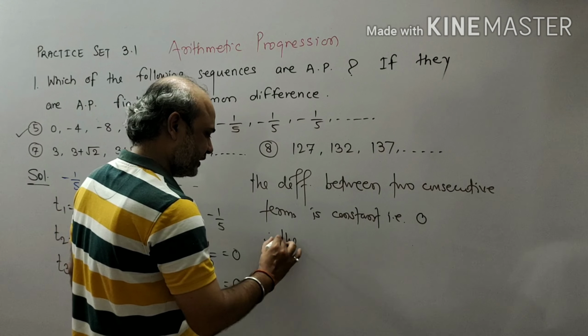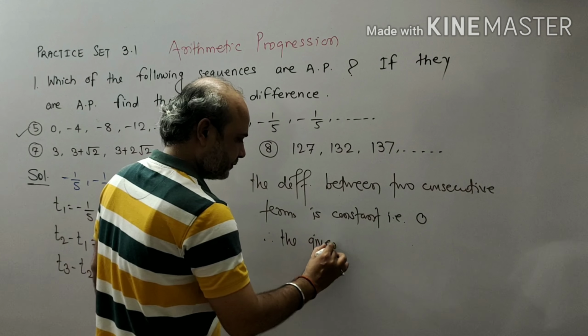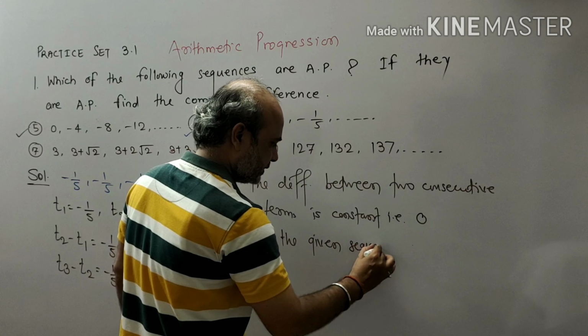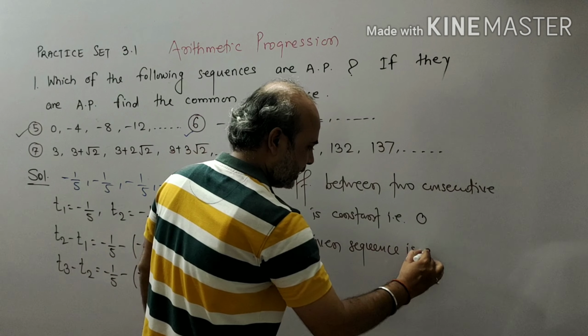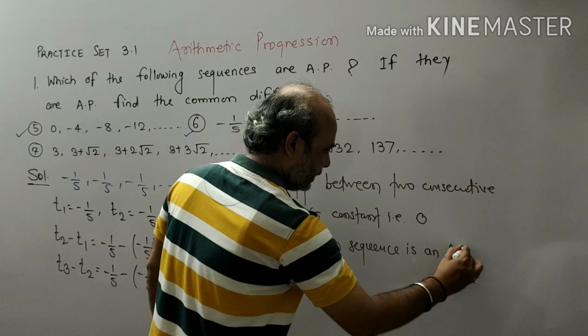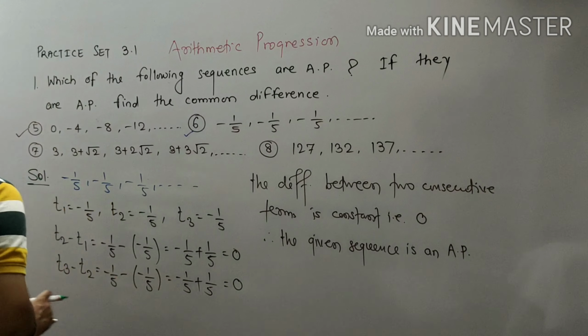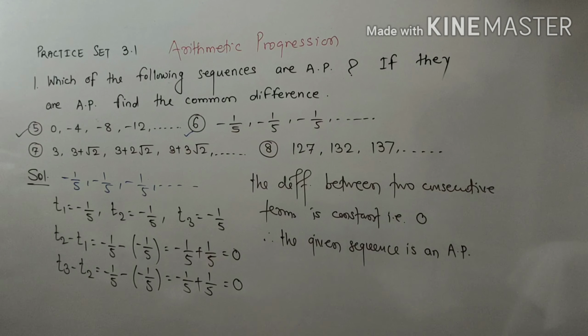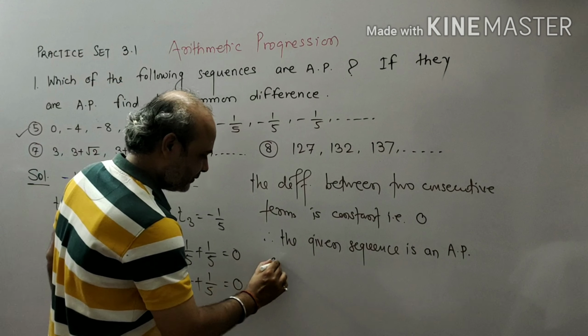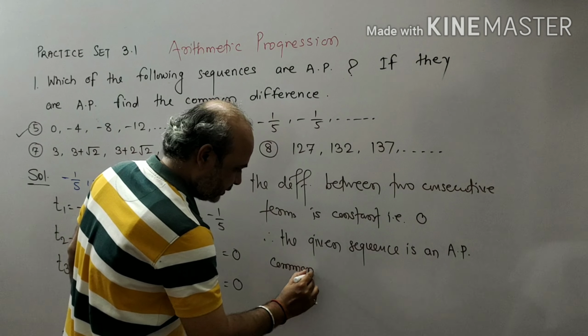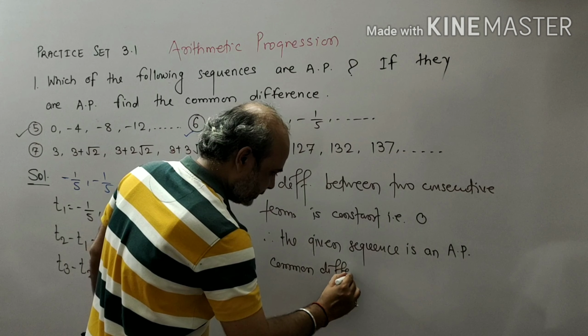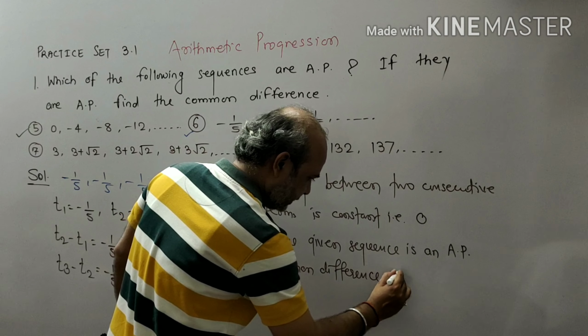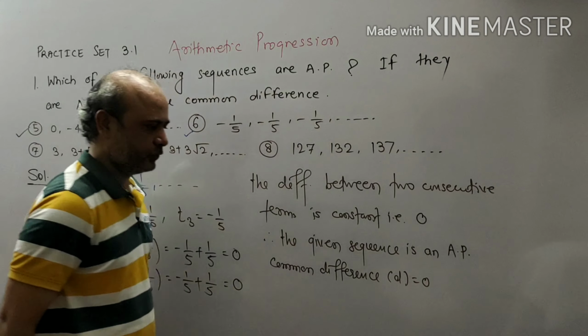Therefore, the given sequence is an AP and common difference d is equal to 0.